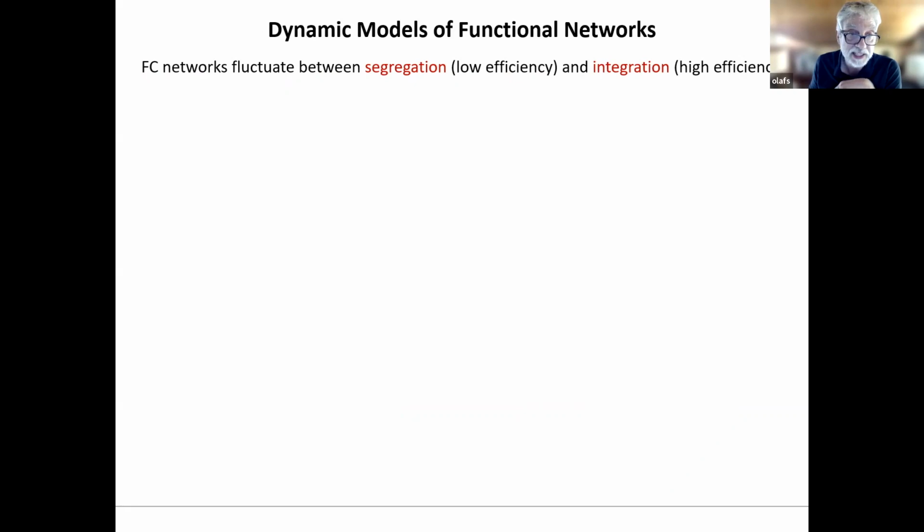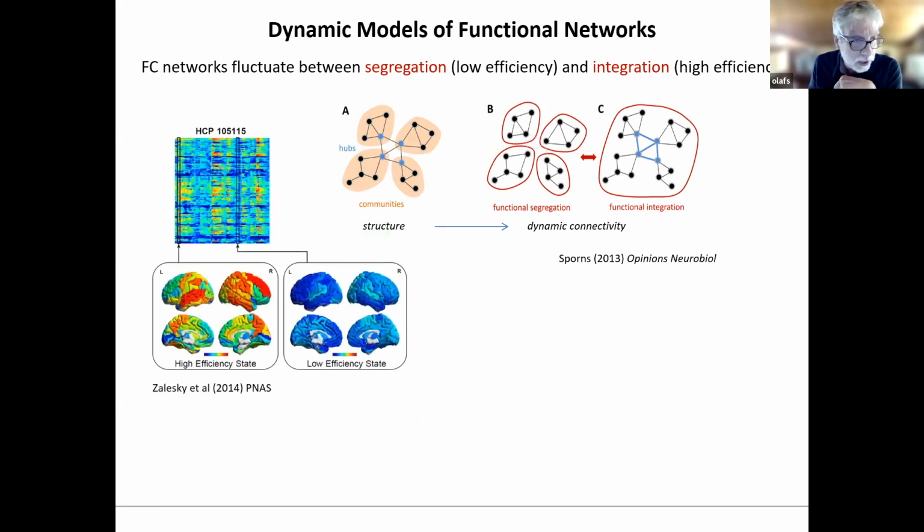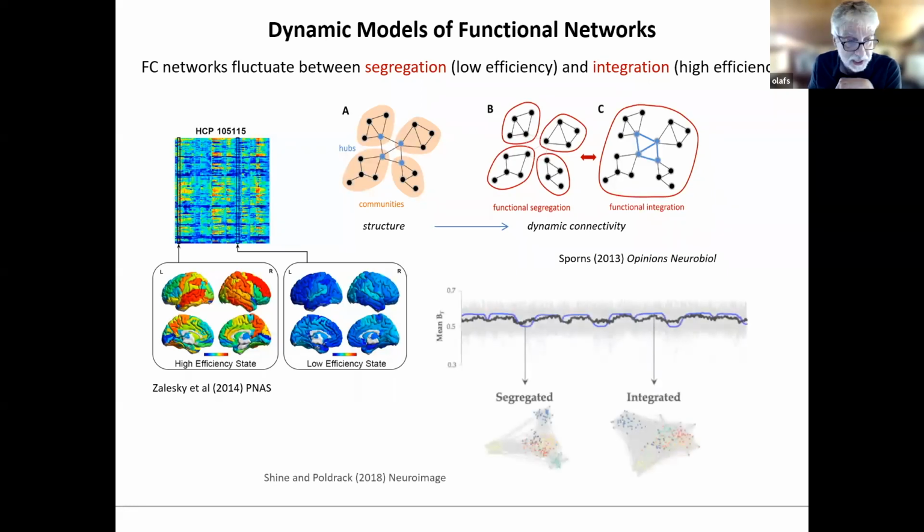And one of the ideas that early on popped up in my head was that functional networks fluctuate between more integrated and less integrated moments in time, moments of functional segregation, moments of functional integration. And that notion has become in some ways a popular notion in the field, for which there's much empirical evidence coming from the work of Andrew Zalesky and Michael Breakspear, as well as the work of Max Schein, who have employed windowing.